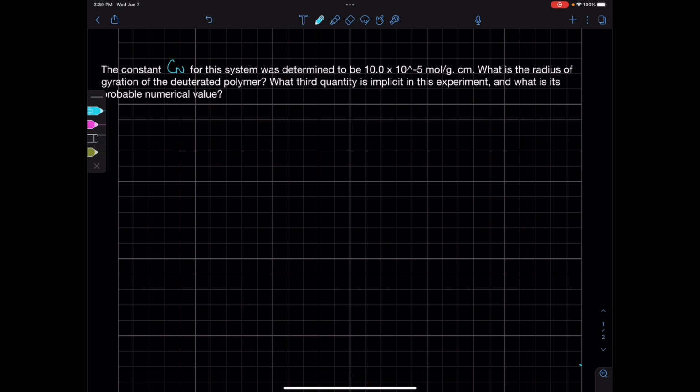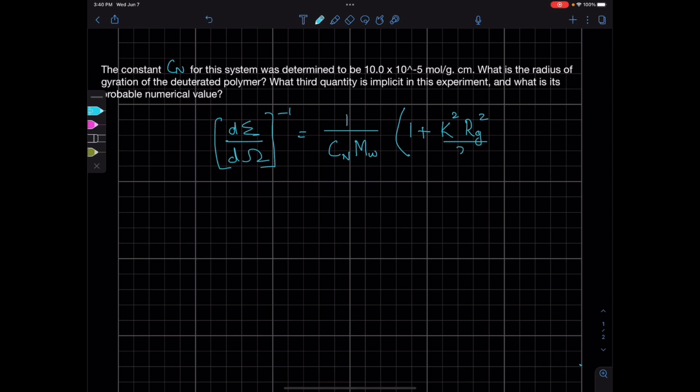We can start off with the equation used in small angle neutron scattering experiments. dσ/dΩ to the negative 1 equals 1 over Cn times the molecular weight Mw times 1 plus k squared, where k is the wave vector, times Rg squared, where Rg is the radius of gyration, over 3.